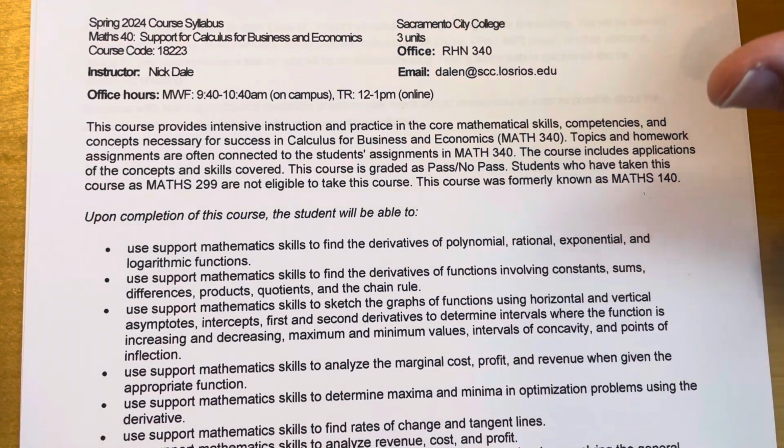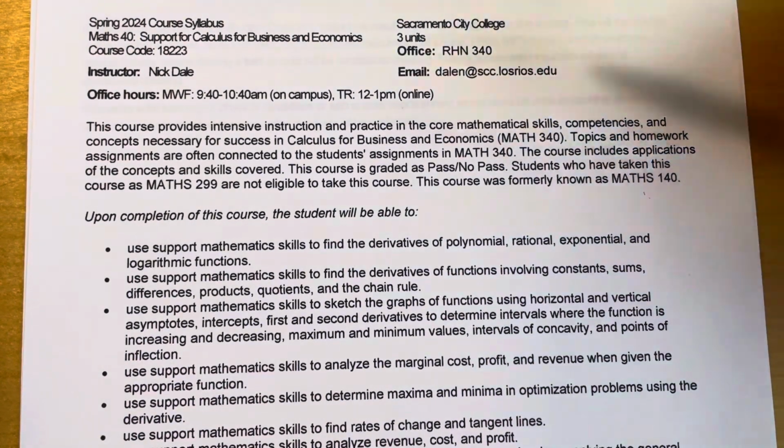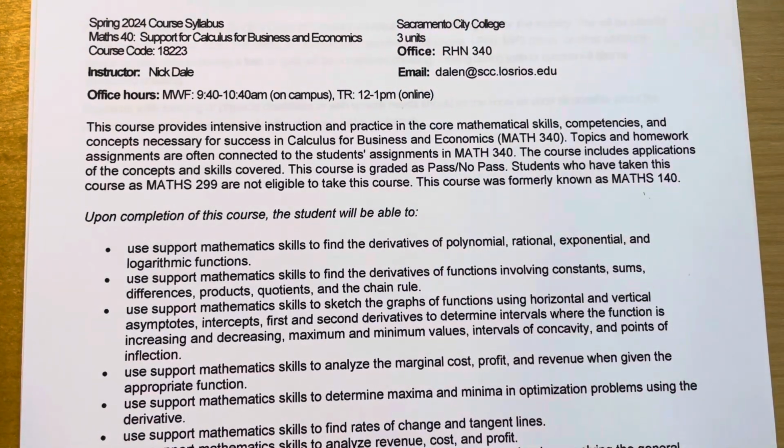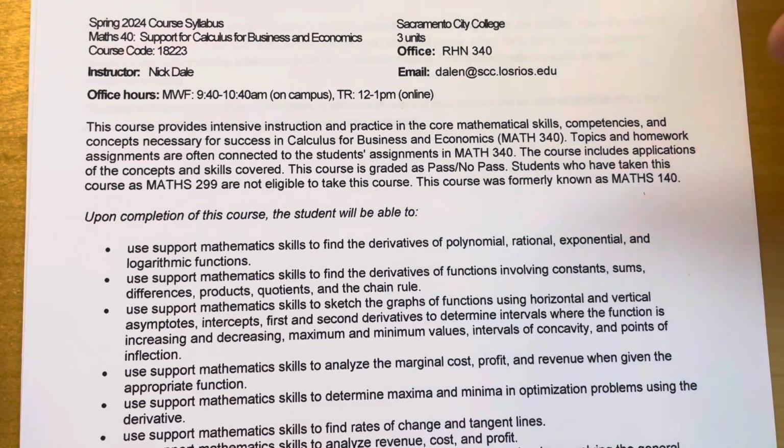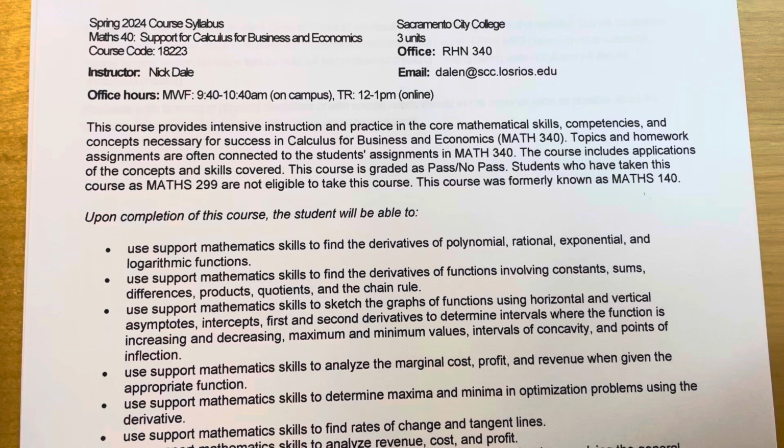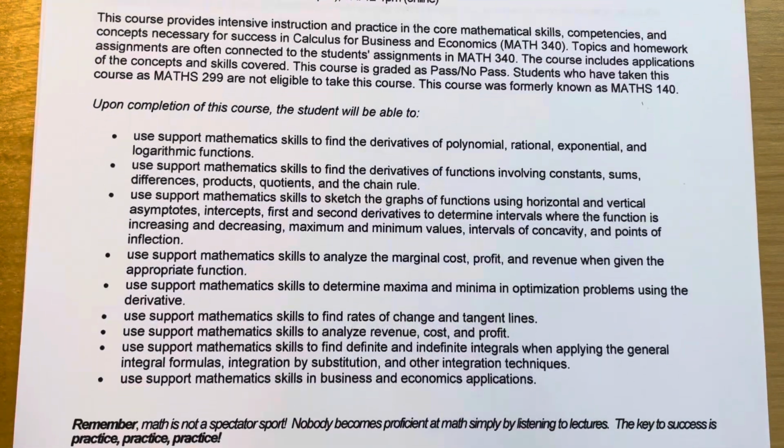Between the two courses, you should be spending more of your time in Math 340, and we're going to call that the parent course. This is the support course, Math 340 is the parent course. So you should be giving more of your time to the parent course because that is the course that you're trying to pass. This course is a pass-fail class, but the purpose of it is to help you pass Math 340. So we're going to talk about how this class is structured and what you should be doing in our Math 40 course as we work through this.